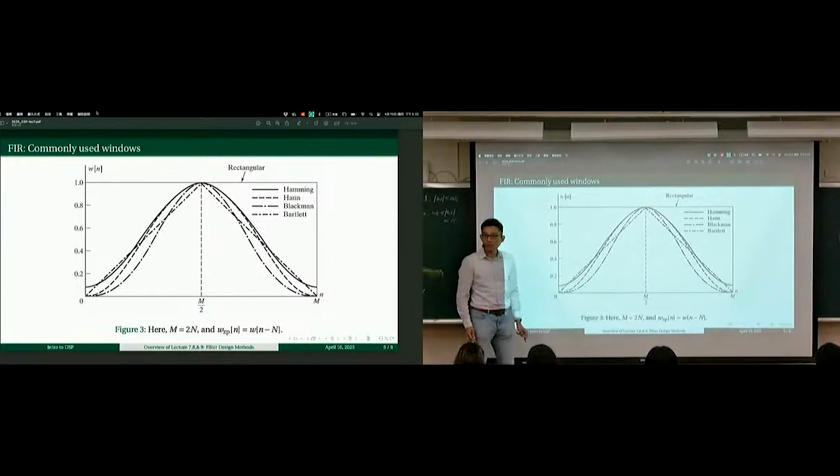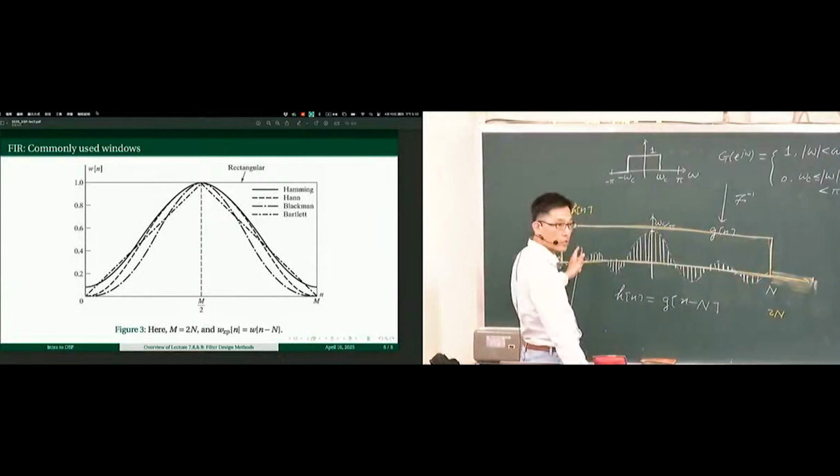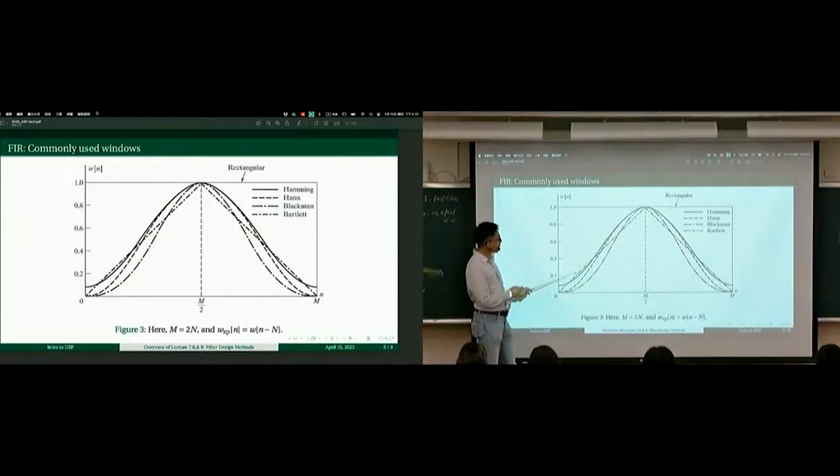Imagine that truncation itself corresponds to using the rectangular window. Don't change the shape yet. But for these 4 additional windows, they have different shapes, with the middle being the top.